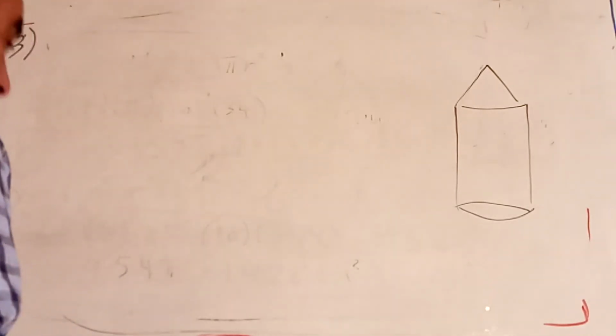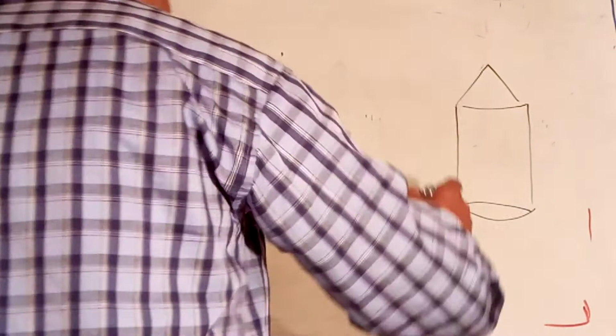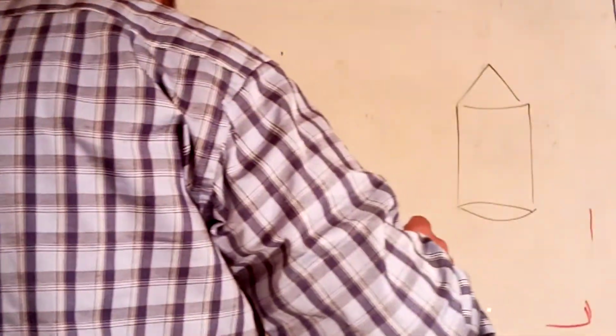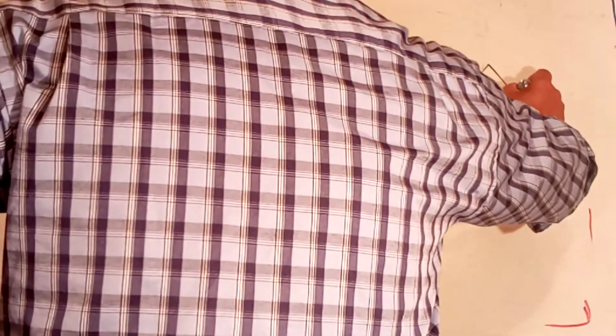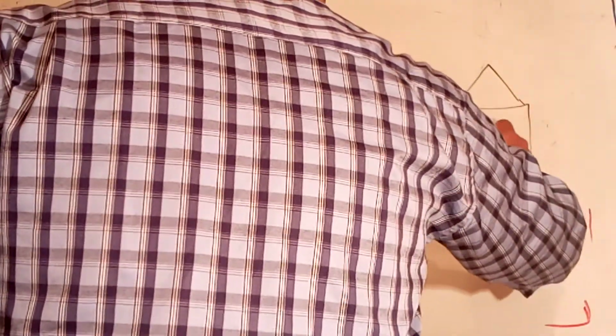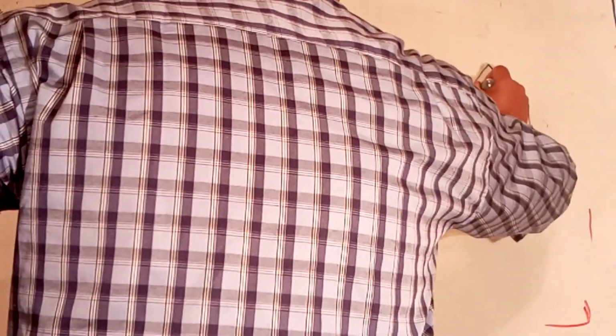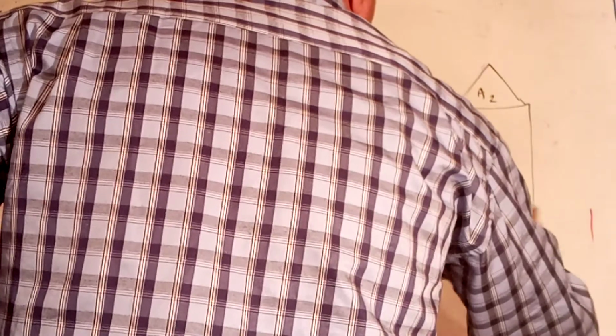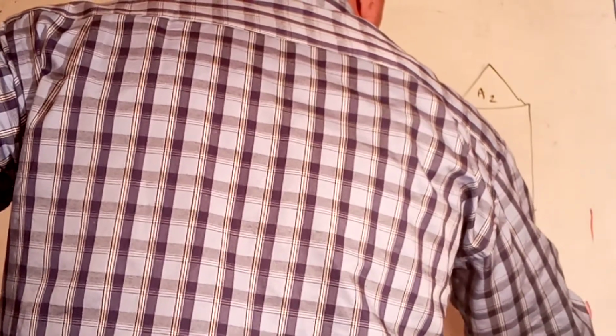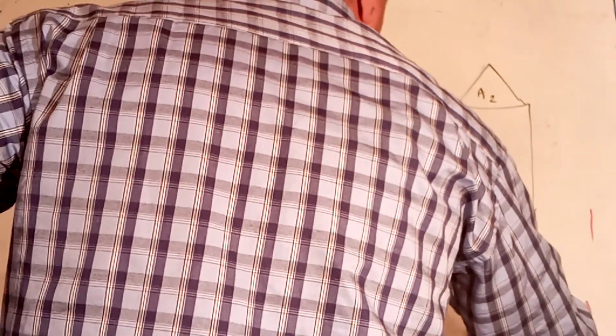It has two volumes: the volume of the cylinder and the volume of the cone here. This is area 1 and this is area 2. This one is equal to 12 centimeters, so this is 12, which means that r equals 6.